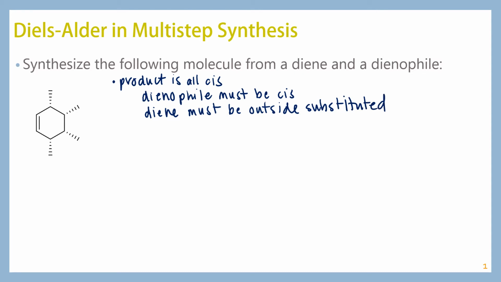The other thing that we need to think about is that if we want to get the endo product, which we do because that's going to give us the best chance of having a successful synthesis, we must have electron withdrawing groups on the dienophile.